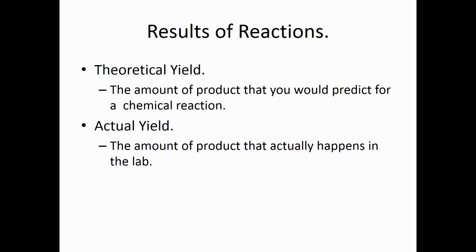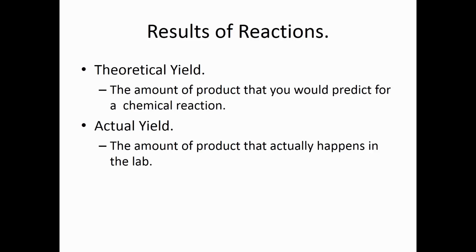The actual yield is what happens in the lab when you perform an experiment. The actual yield, as you probably know from having done some experiments, is not always perfect. It is possible for lots of things to go wrong in the lab, some of them beyond your control, some of them perhaps things you could have done to avoid.